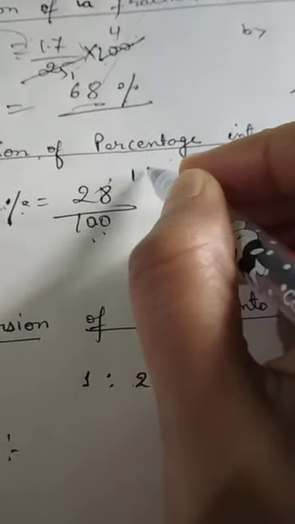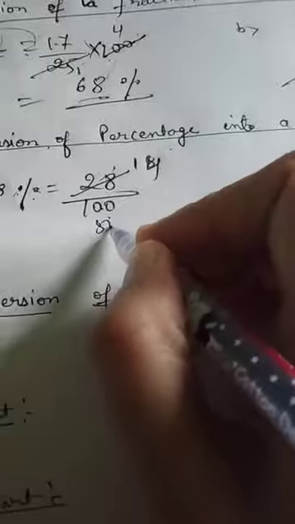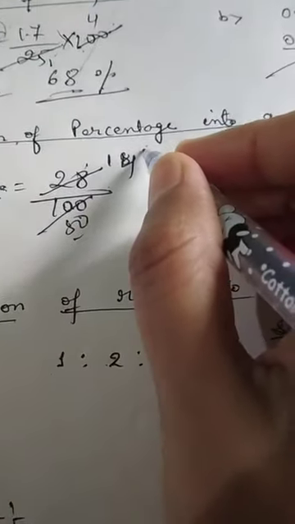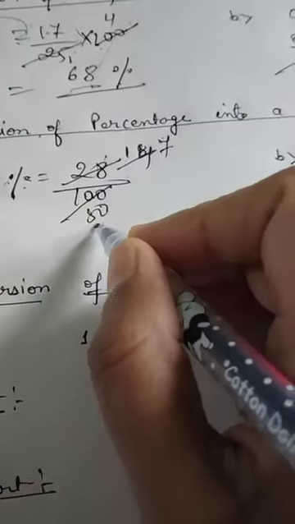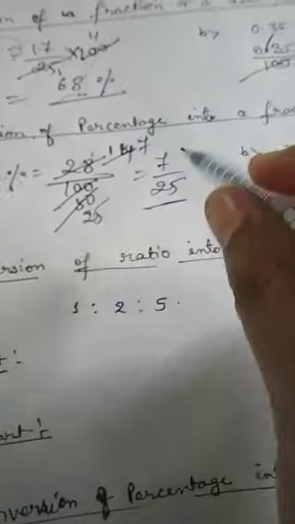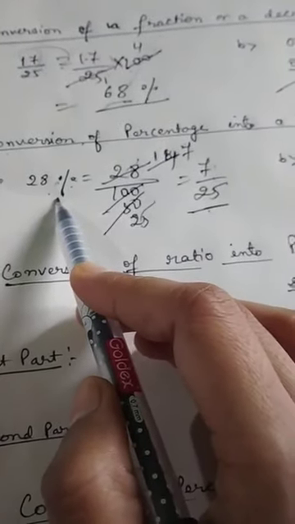If it can get cancelled, you can cancel it also. 2 1 ja 2, 2 8 ja 2 1 ja 2, 2 4 ja 8, 2 5 ja 10, 14 by 50. So again it will get cancelled. 2 7 ja 14, 2 25 ja 50. 7 by 25 is the fractional form of this percentage. Okay.